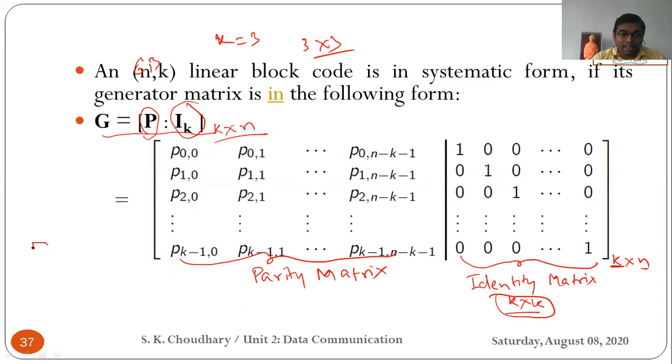So it is 1 0 0, 0 1 0, 0 0 1. This is 3 rows and 3 columns, and in each row there is only one 1. Start from the MSB: the MSB has 1, then 0, then come to the next bit.